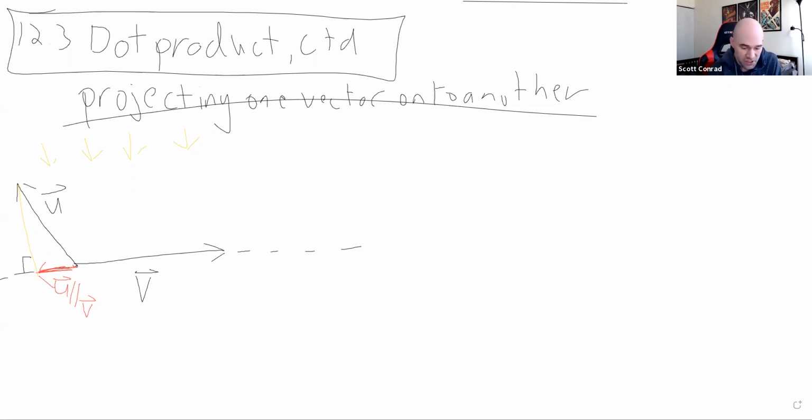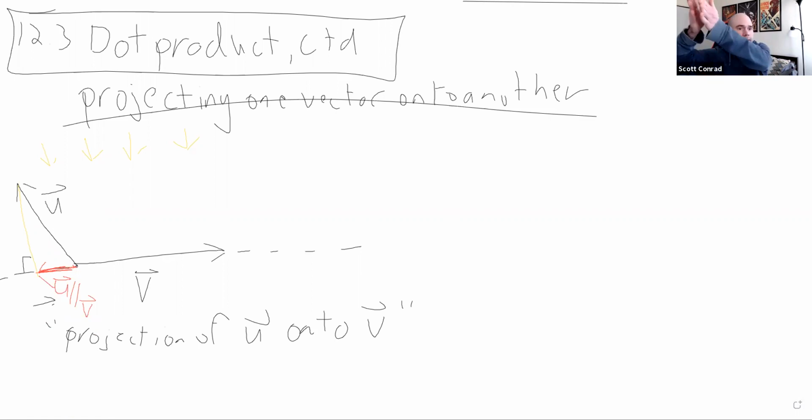If you look at the shadow, the vector which starts where the two start and ends where the tip of the shadow ends, that's the projection of U onto V. That vector is the projection of U onto V. And we write it like this right here. So it's like the vector U and then the two parallel lines. That means parallel, we'll see in a second, and then sub V. So projecting onto V.